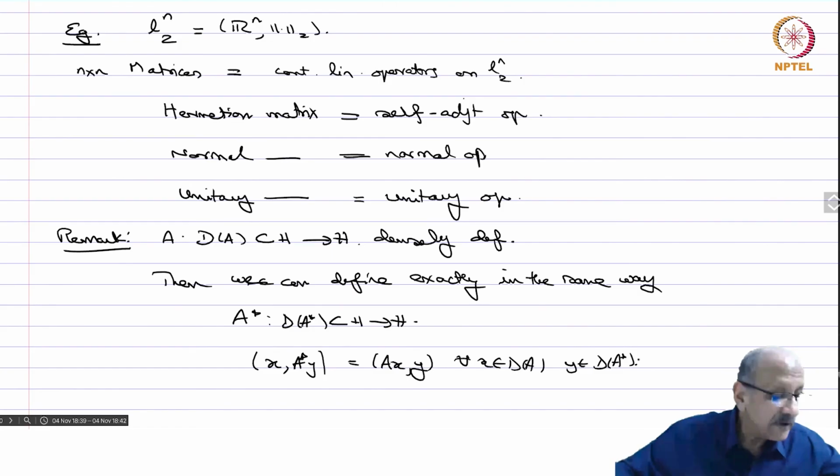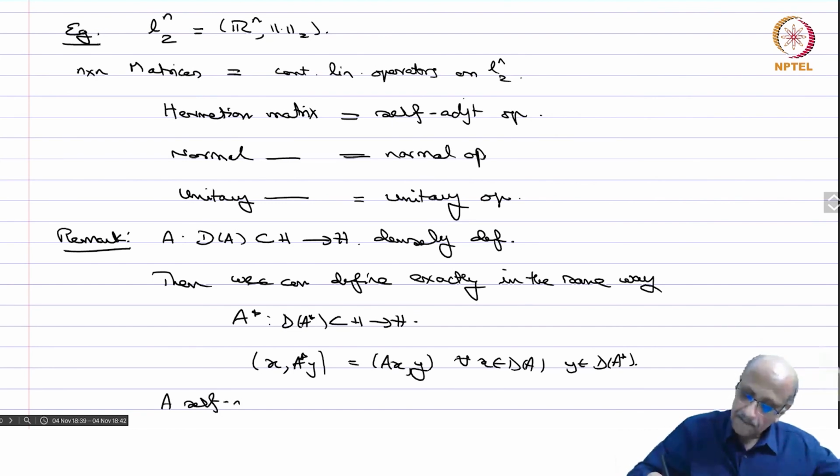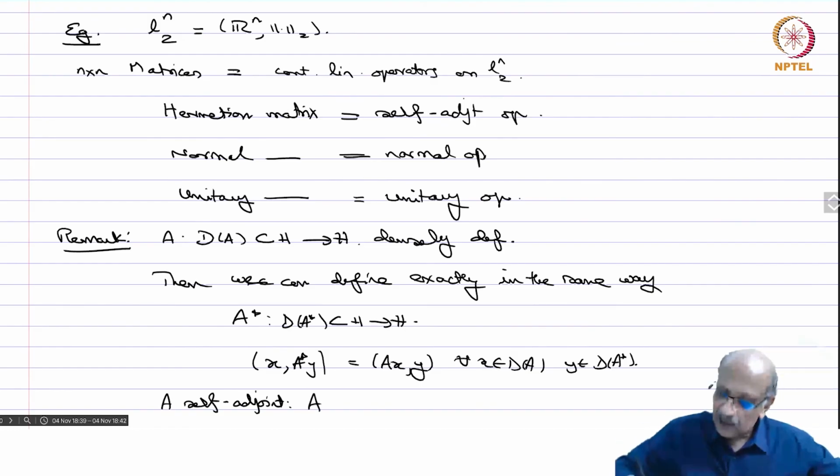So leave it to you to check that. And then all the properties of the adjoint which we have proved earlier are all true. So if you want A is self-adjoint, that means A equals A star. So you have to prove two things. One, domain of A equals domain of A star, and A equals A star.